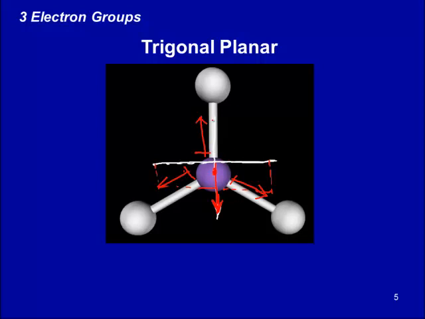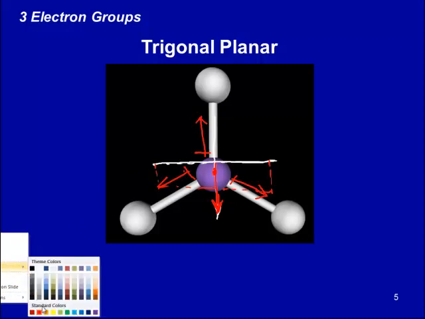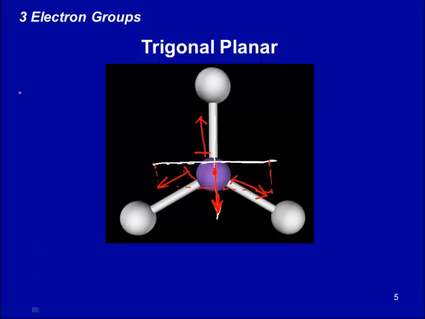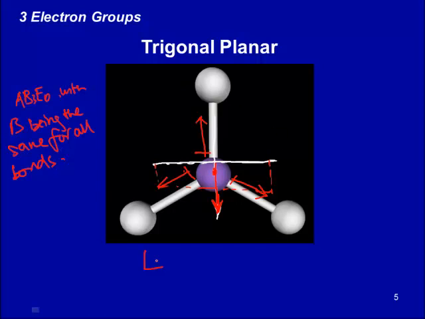So as a whole, if we have AB3E0, being the same for all 3, you will have this molecule to be nonpolar.